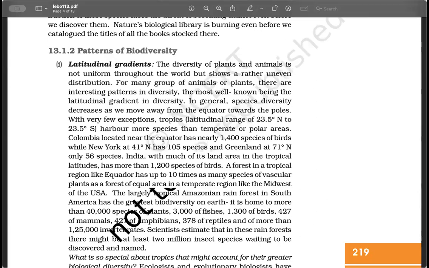So if it is a small, tiny bird, imagine a sparrow in the poles. The sparrow will lose all the body heat very, very quickly. You understand?